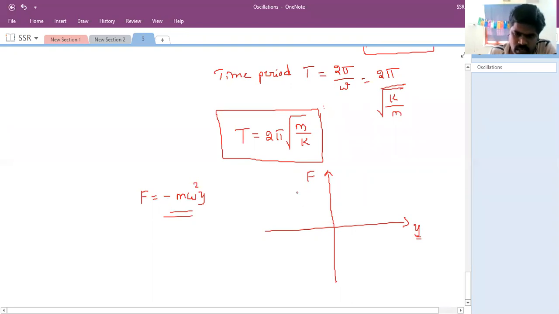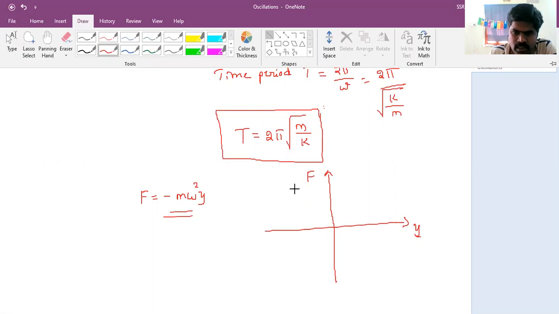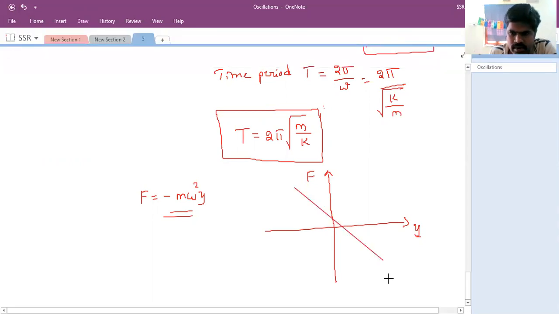The equation will go like this because of the negative slope. It is a straight line. That is the graphical representation of simple harmonic motion. Already in acceleration also I showed this. It has a negative slope.